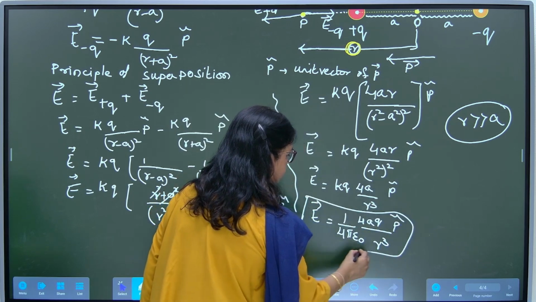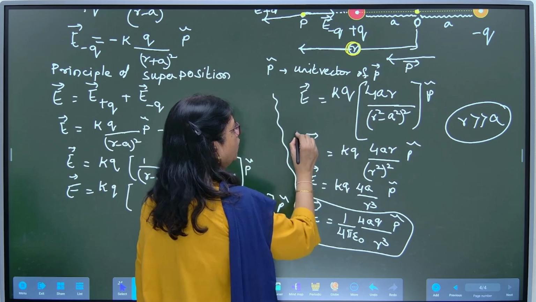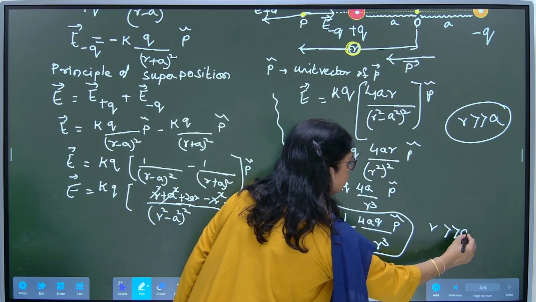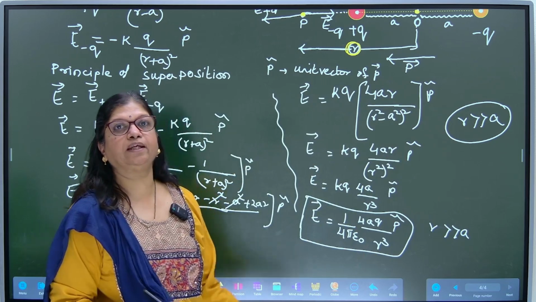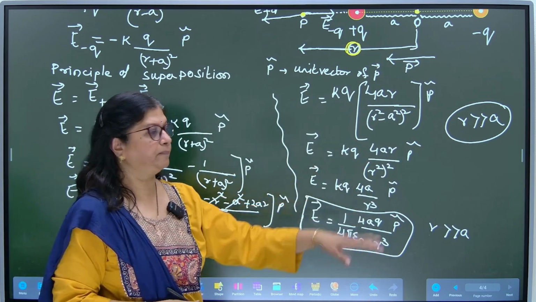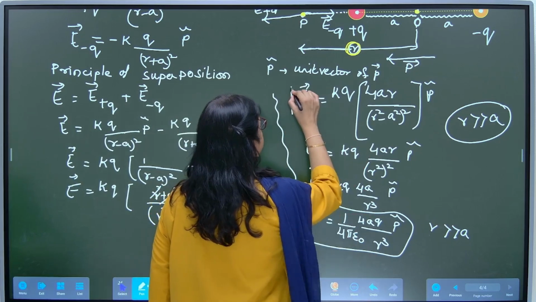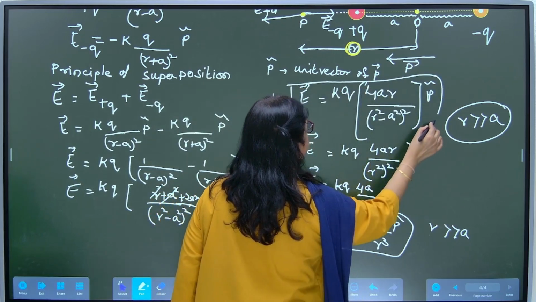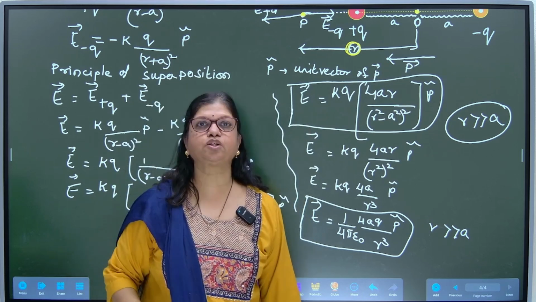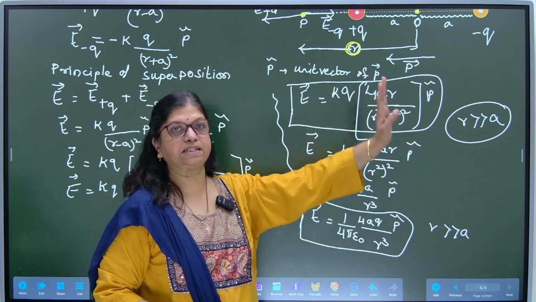So this is the formula of the electric field provided R is very much greater than A, such that we can neglect A in the denominator; in the numerator it is there. Otherwise, the formula of the electric field due to a point on the axis of the electric dipole remains this.